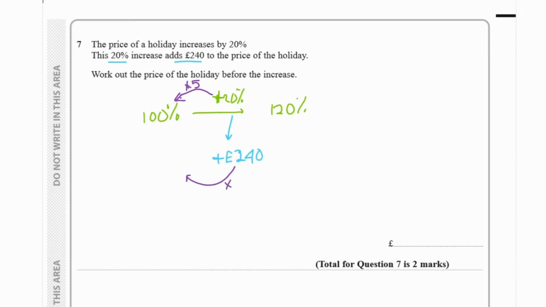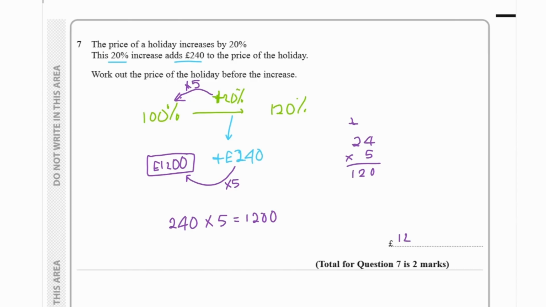So 240 multiplied by 5, we can first do 24 times 5. 4 times 5 is 20, and 5 times 2 is 10, plus the 2 is 12, which means 240 times 5 will be 1,200. So our final answer for this question is £1,200. We would get 1 mark for recognizing that we have to multiply by 5, and the second mark for getting a correct final answer of £1,200.